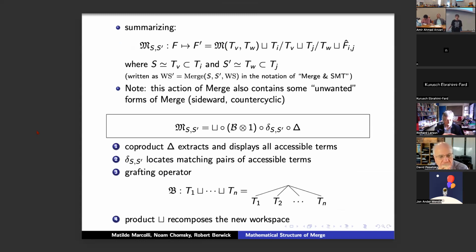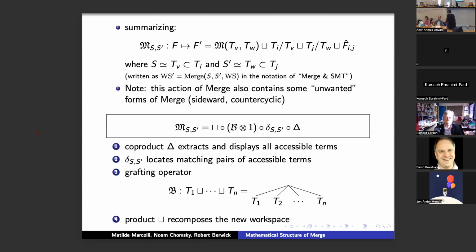Summarizing, it's what I wrote in the first line: the new workspace F prime has this new component, has what is left of the places where you found the two accessible terms, and has everything else that's untouched, that doesn't involve these terms. The notation that I defined in this book is slightly different from the one that I'm using here, but it's the same.